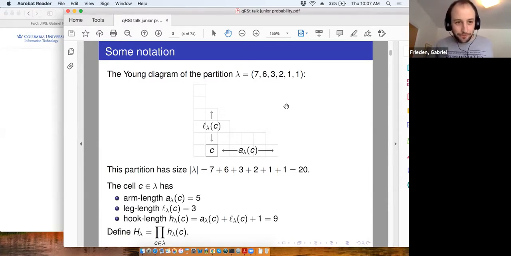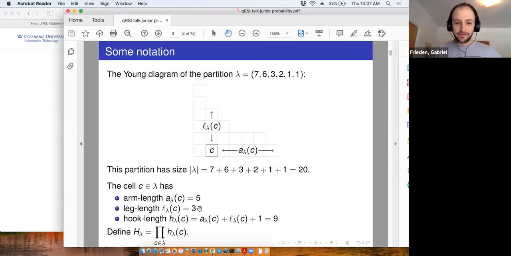We're going to need a few definitions related to the cells of the partition. If I take a cell, or a box, then its arm consists of the cells that are to the right of it, and its leg consists of the cells that are above it. The arm length is the number of these cells, and the leg length is the number of these cells.